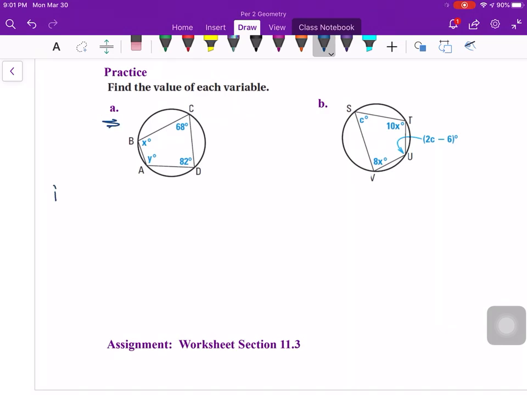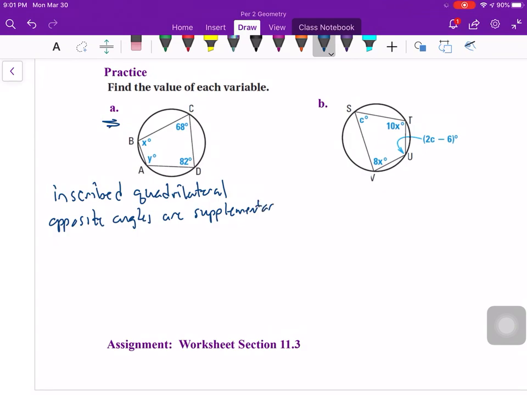One more set of practice problems on this type. So if you look at A, we have an inscribed quadrilateral. That means the opposite angles are supplementary. So that would mean the x plus the 82 equals 180.